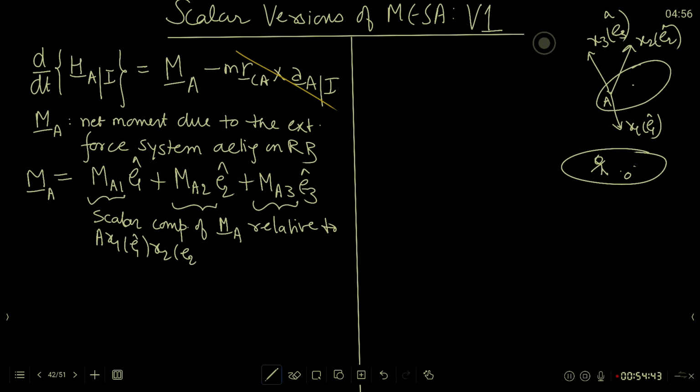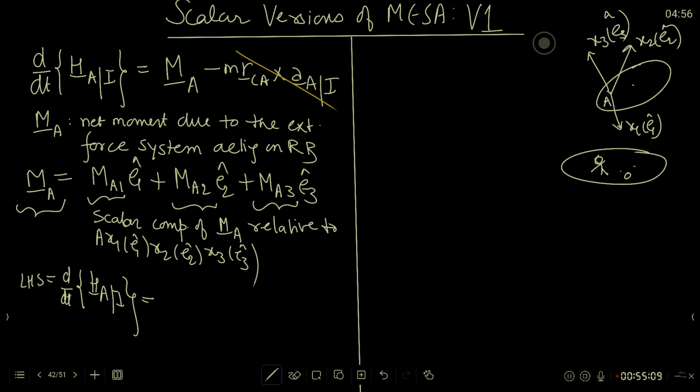The right hand side is really not a problem. It's just a matter of changing the symbol from vector M_A to M_A1, M_A2 and M_A3. Let's go to the left hand side. Left hand side is this.